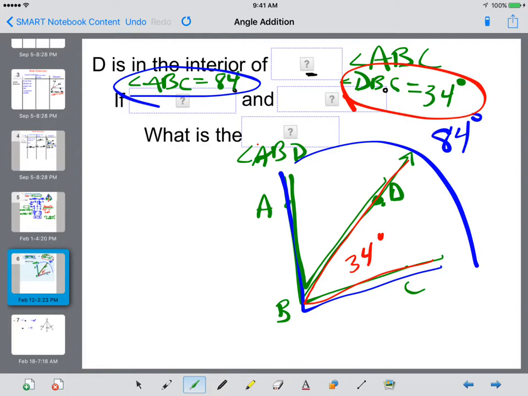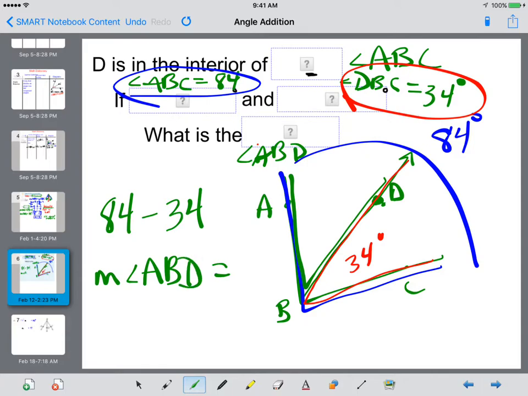Well, if we know the whole thing is 84, and this portion in red is 34, we can subtract 34 from 84, to where the measure of angle ABD is going to equal 50 degrees. So this side is 50.